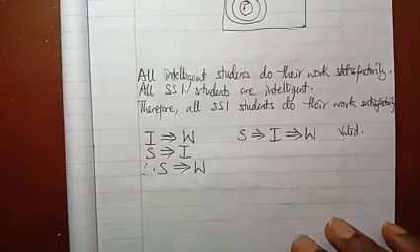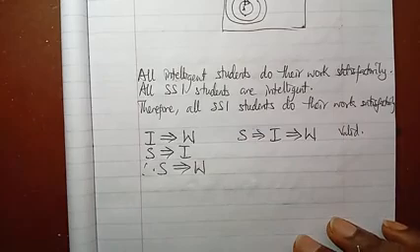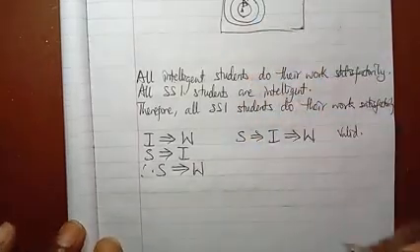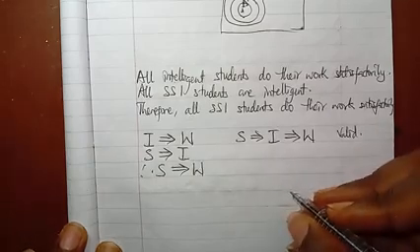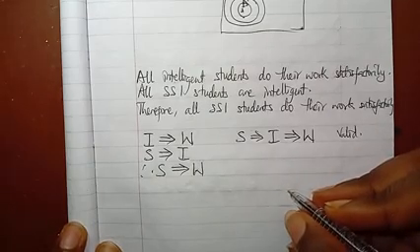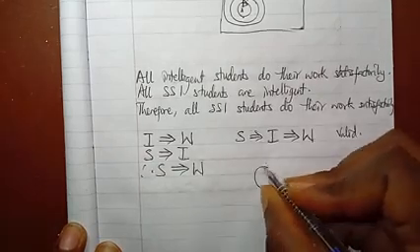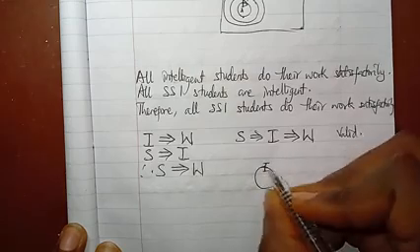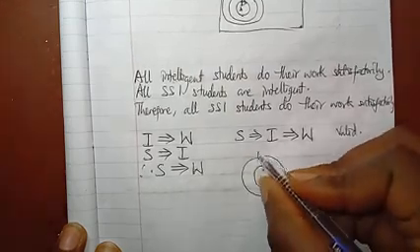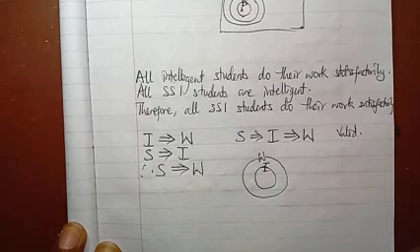So let's look at it from Venn diagrams. All intelligent students do their work satisfactorily.